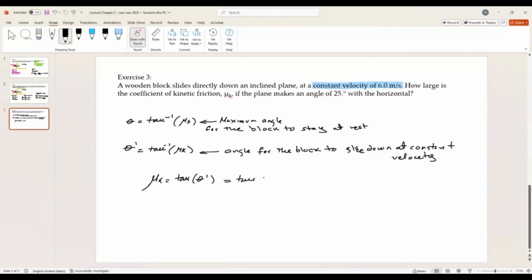So it's the tangent of 25 degrees. You get your calculator, find the tangent of 25 degrees, and it gives you 0.466, so approximately 0.47.